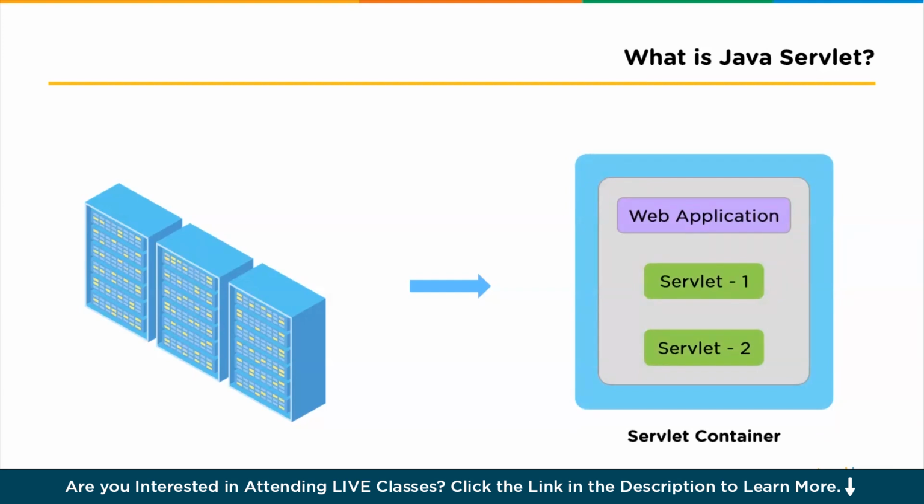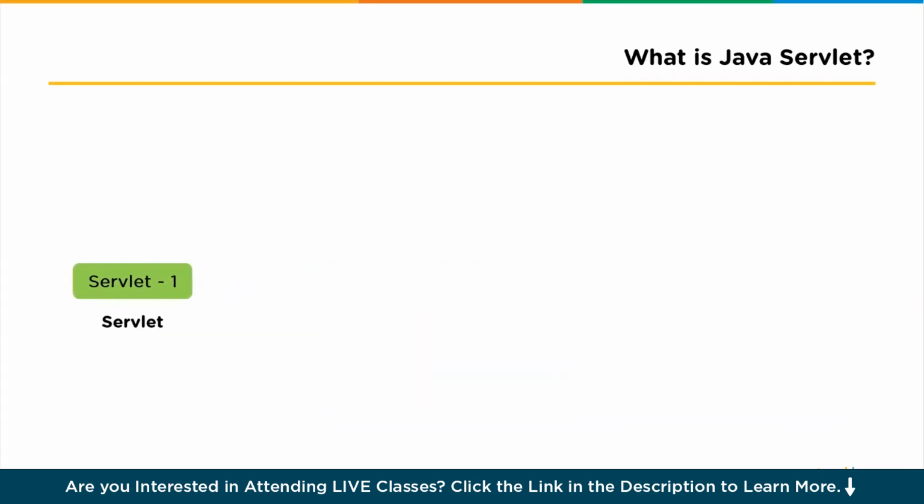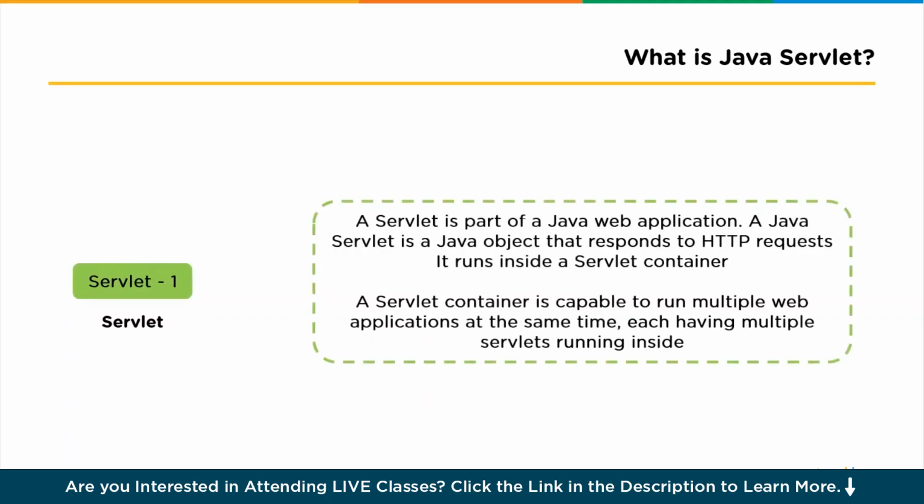This particular Java-based component takes care of web requests and responses. To sum it up in the form of a definition, a servlet is a Java program that runs on a Java-enabled web server or application server. They are used to handle the request obtained from the web server, process the request, produce the response, and then send the response back to the web server.